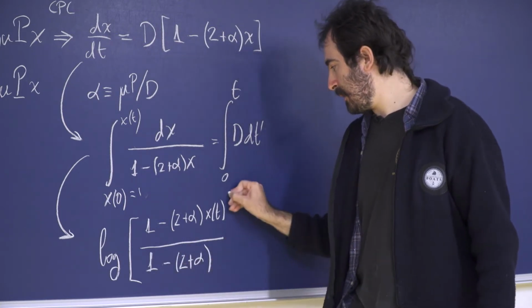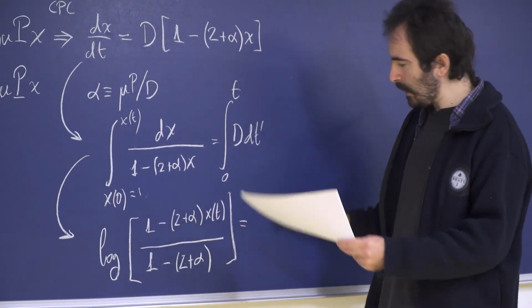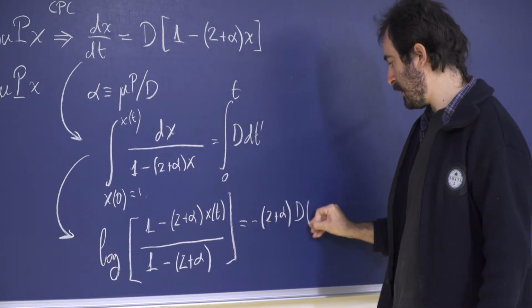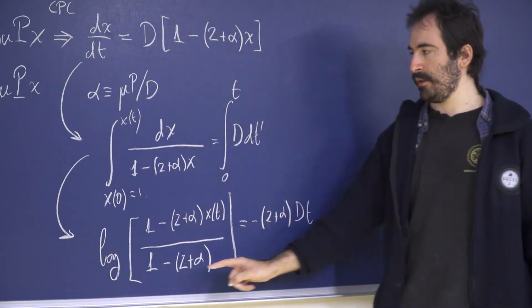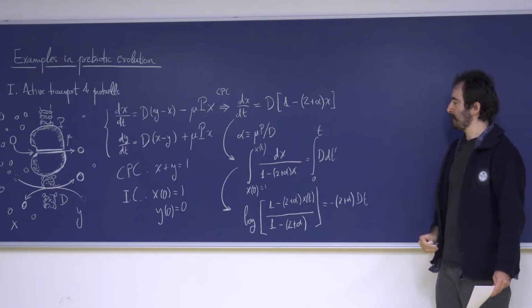In this case, this is what this integration process would look like with this 2 plus alpha term over here. Remember, this is coming actually from the integration on the left-hand side, but I'll just put it on the right-hand side.